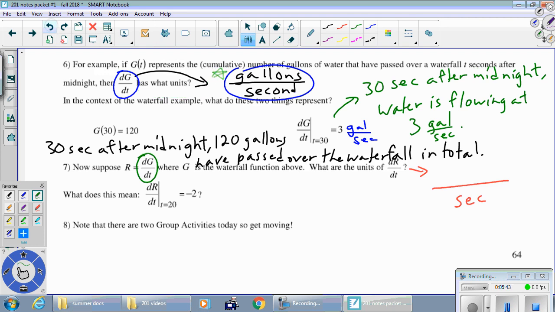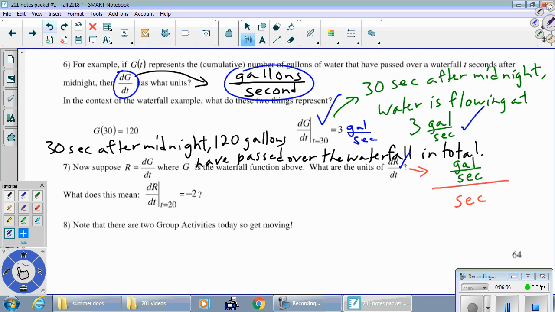So that means that the units for R are gallons per second. So upstairs is where the R units go, gallons per second. So that means that the units for dR dt are gallons per second per second. In a very real sense, this first derivative represents the speed of the water, right? The water is flowing at a speed of 3 gallons per second. And this is another derivative, one derivative up, and it represents the acceleration of the water.